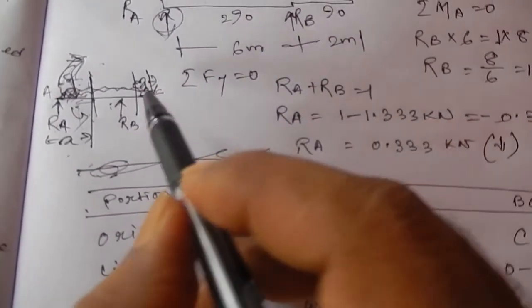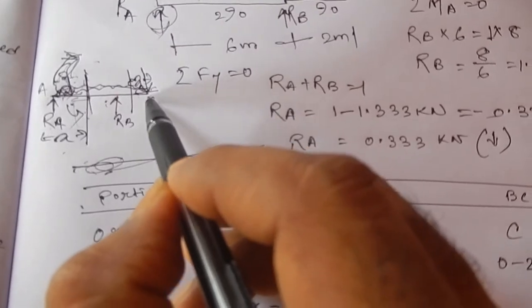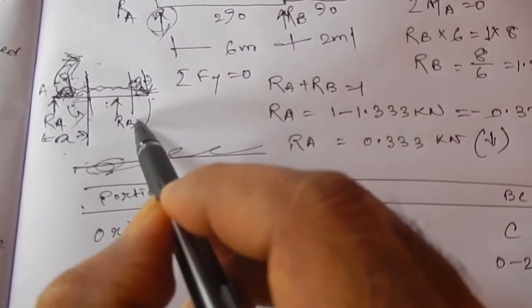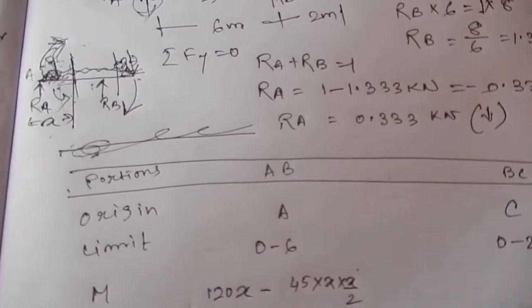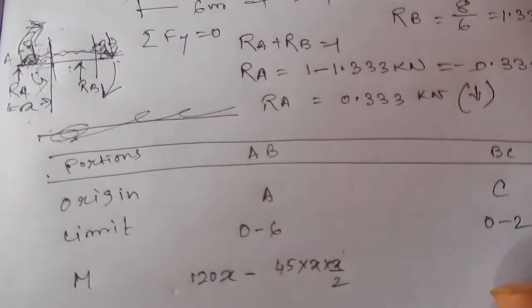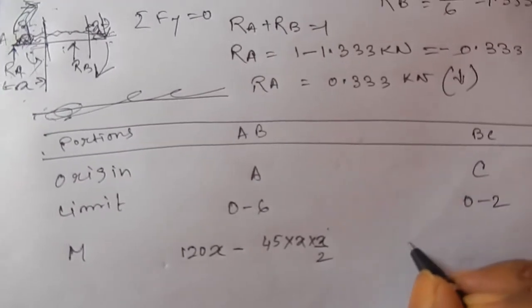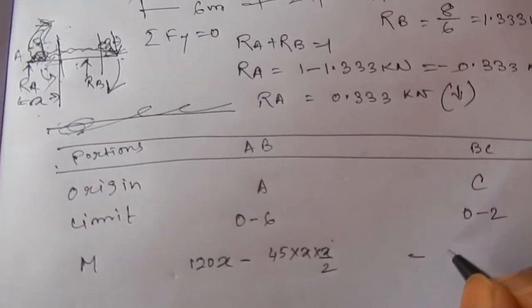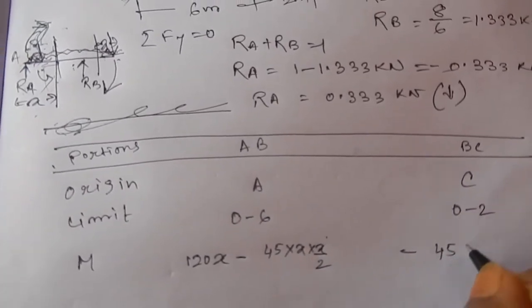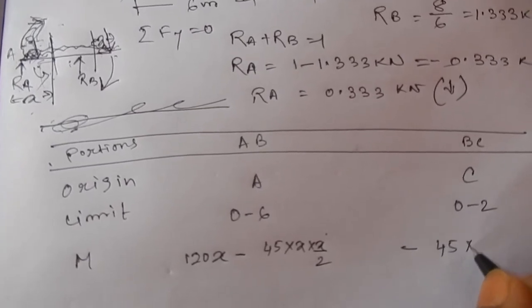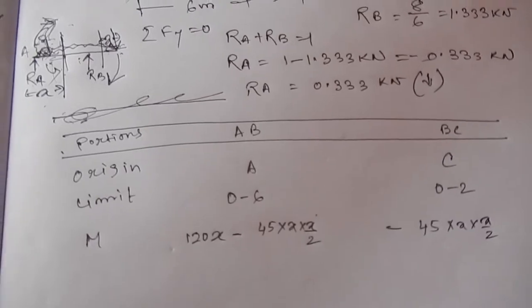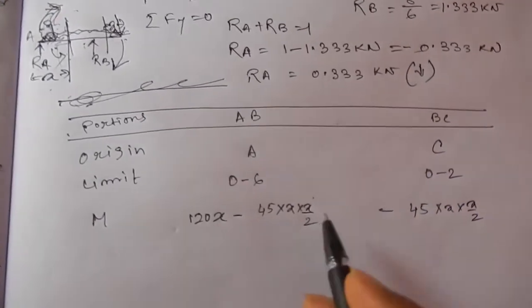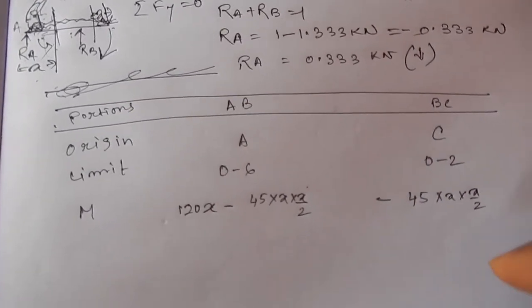And obviously you can see that this moment is the hogging moment, so for hogging moment we need to take the negative sign, so minus 45 multiplied by x by 2 similarly. So those are the equations for the real load condition.